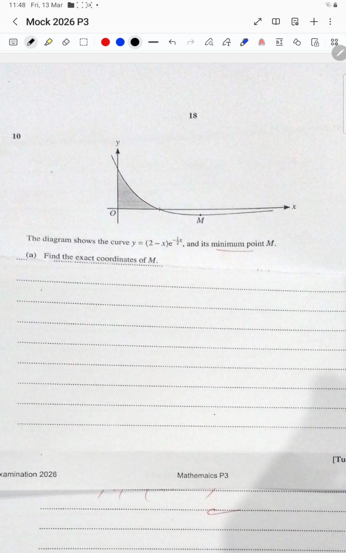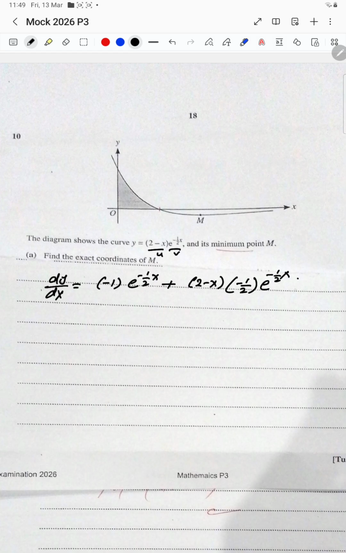Minimum point means you need to find dy by dx of this. This is the product rule. I did this differentiation by applying the product rule, u times v: u differentiate of u, v as it is, and now the derivative of this will be minus 1 by 2 e raised to minus 1 by 2x.